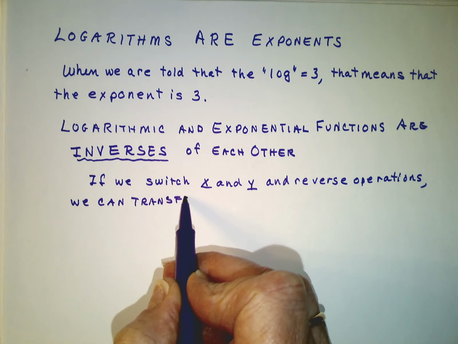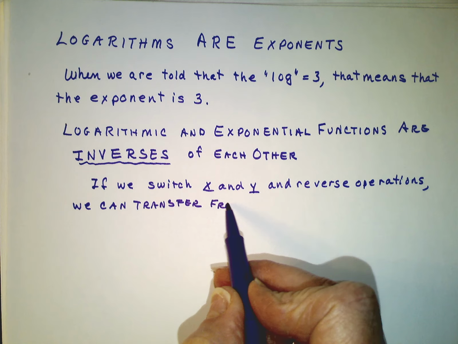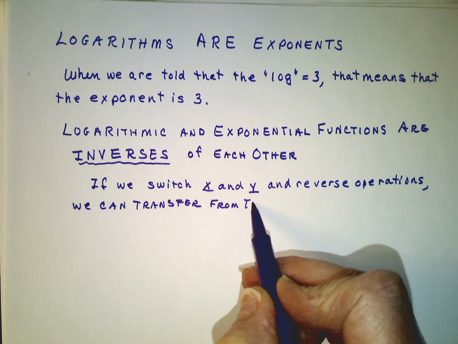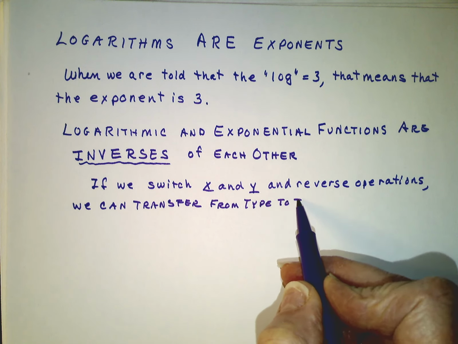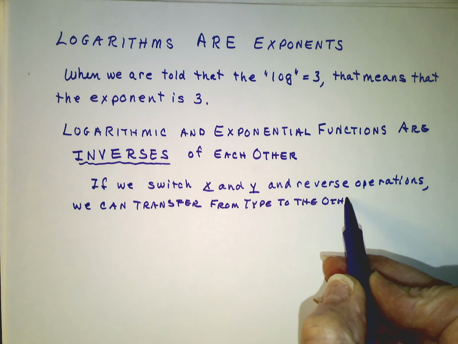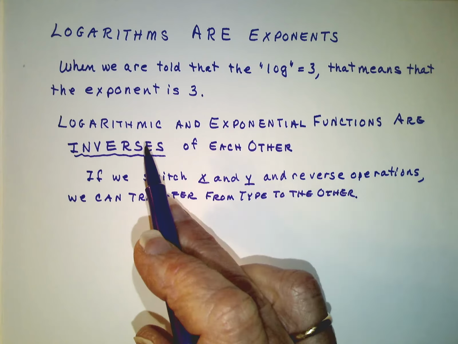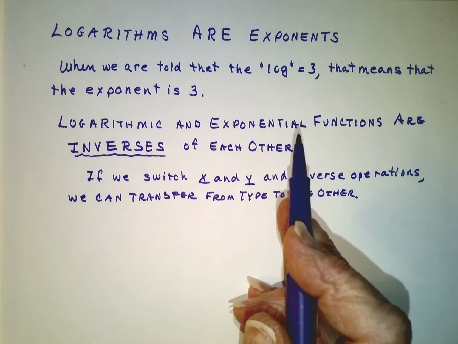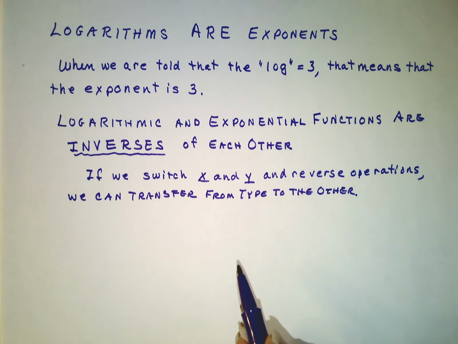So we can transfer from one kind of function to the other. In other words, if we know the logarithmic, we can find the exponential. If we know the exponential, we can find the logarithmic.